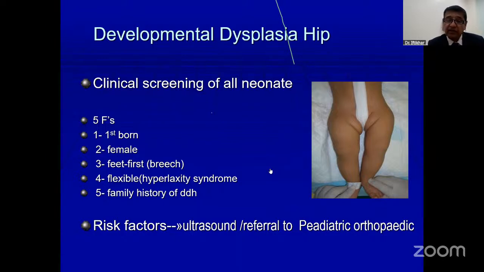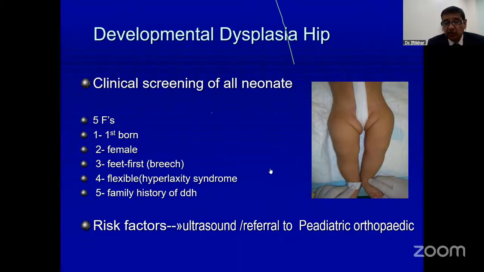No, in fact, if you see those medial thigh folds, as in this picture, you immediately look for it, there's a big possibility, and we have to rule out DDH. Because if you save this child's future by protecting them and by looking for these signs, you will be doing a great job.